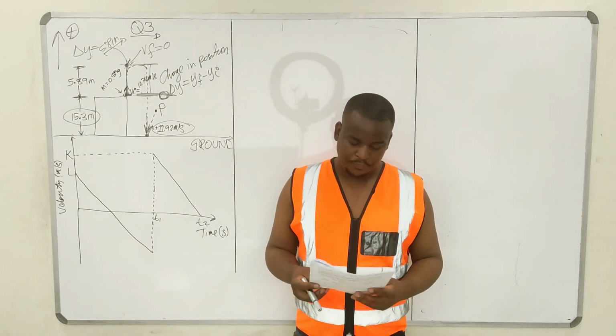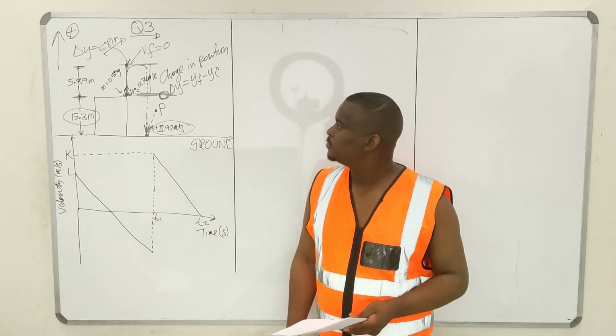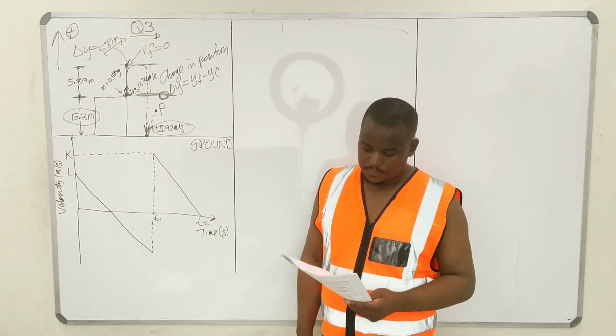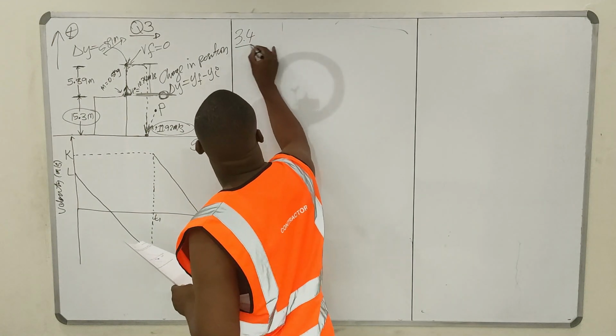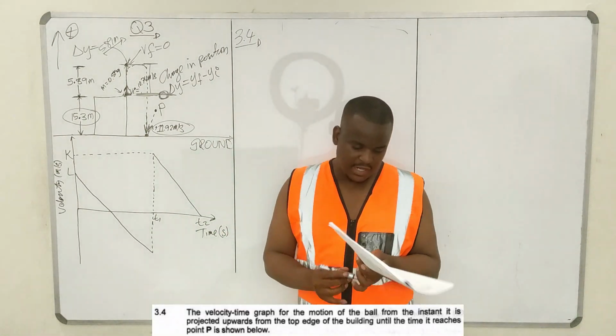Okay, so now we're left with this one, right? So 3.4. Let's go. What are they saying?